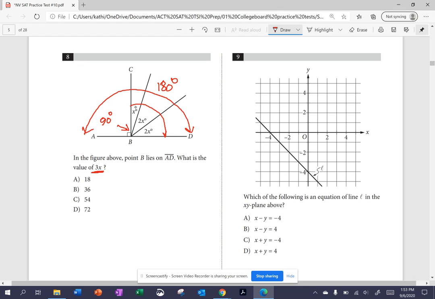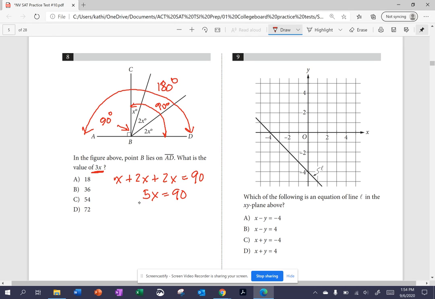So I know from here to here is 90 degrees. So I can set up my equation to say x plus 2x plus 2x equals 90. I'm going to combine like terms. X plus 2x plus 2x is 5x equals 90.